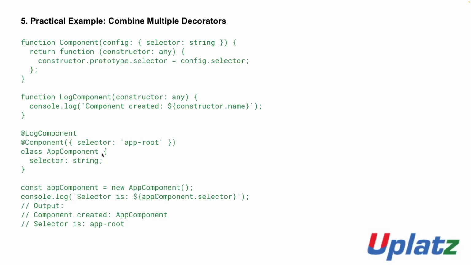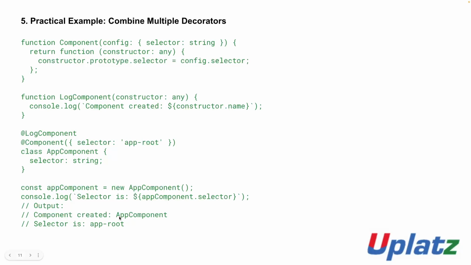Class AppComponent, selector of type string. const appComponent = new AppComponent, console.log within backticks selector is dollar within curly braces appComponent.selector, backtick is closed.